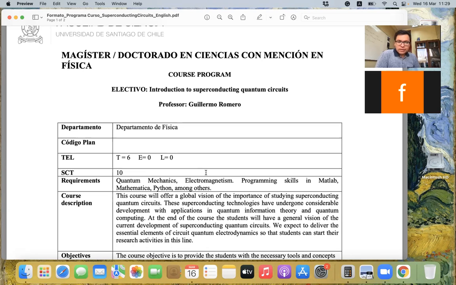So in this course, we will touch the hardware of the quantum computers made of superconducting systems. That would be the analog of studying the transistor.